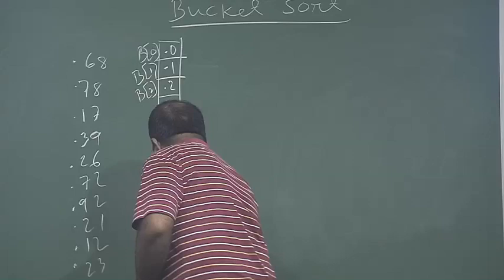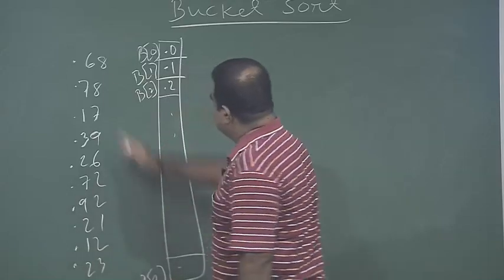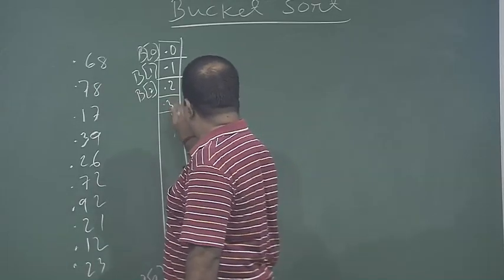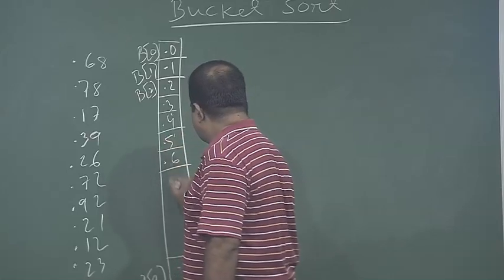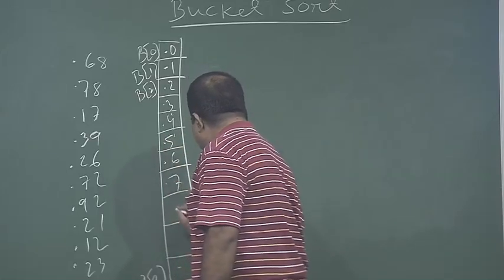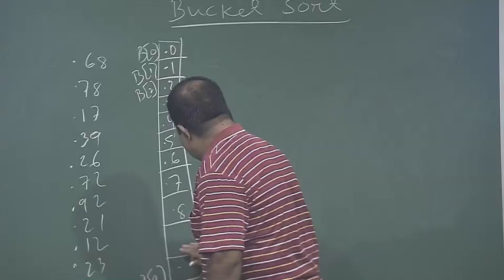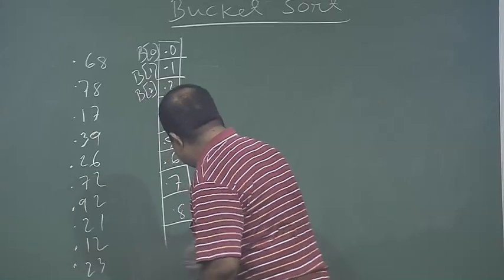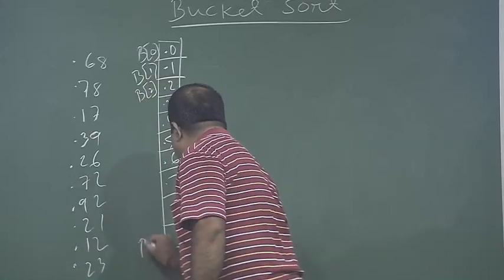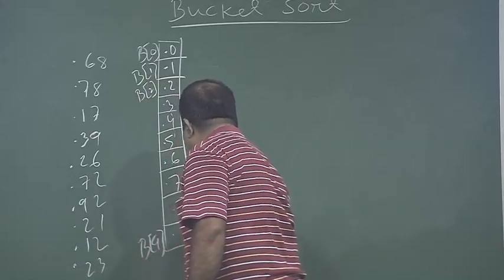So, B 9 is the last one. This is 0.6 bar. So, 0.3, 0.4, 0.5, 0.6, 0.7, 0.8, and the last one is the 9th bucket, represented by 0.9.